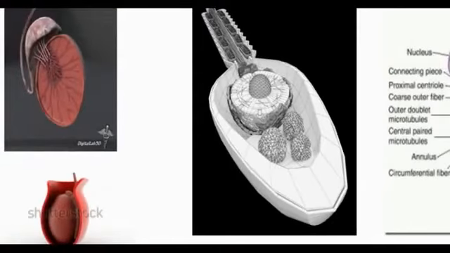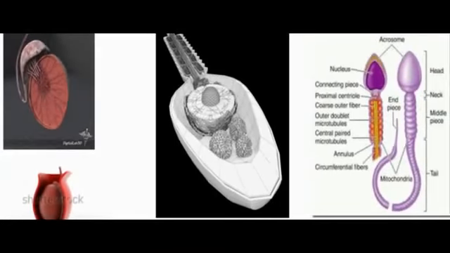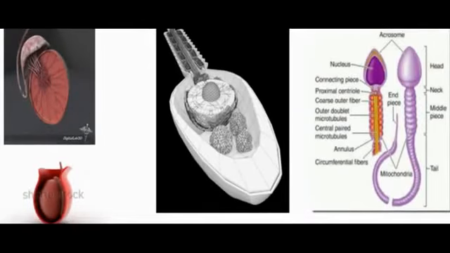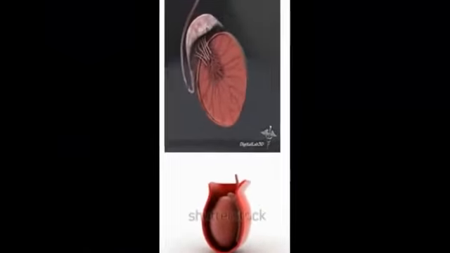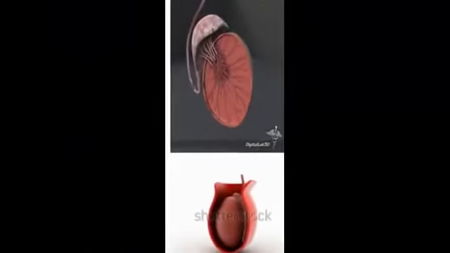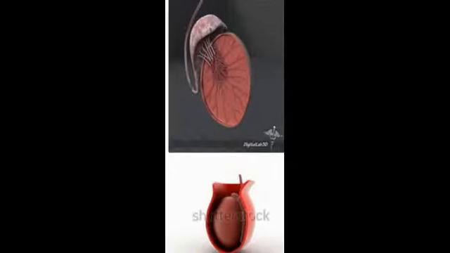Next slide is a representation of the testicles. On the left side, you see the testicle has two parts. One part is like a mesh full of ductus, where the spermatozoids are produced. On the top of the testicle is the epididymis.